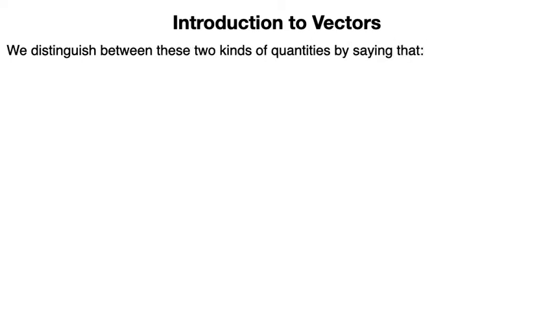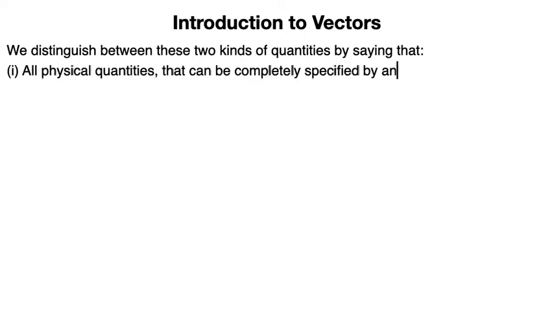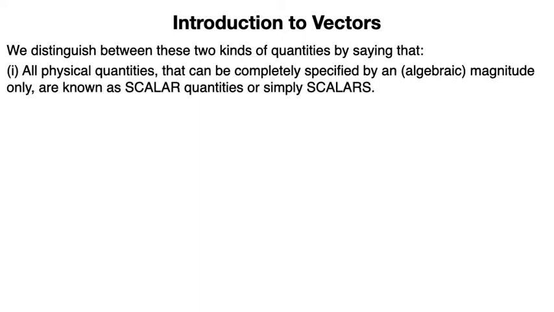Let's now distinguish between these two kinds of quantities, that is, scalars and vectors. To sum up, all physical quantities that can be completely specified by an algebraic magnitude alone are known as scalar quantities or simply scalars.